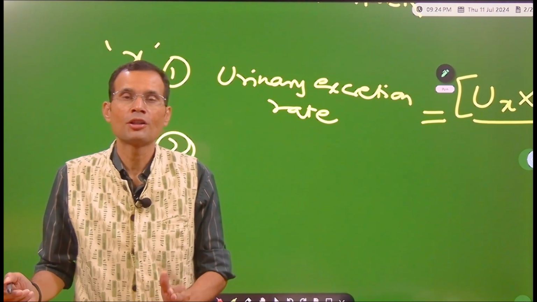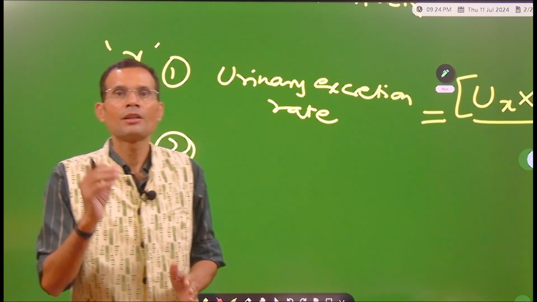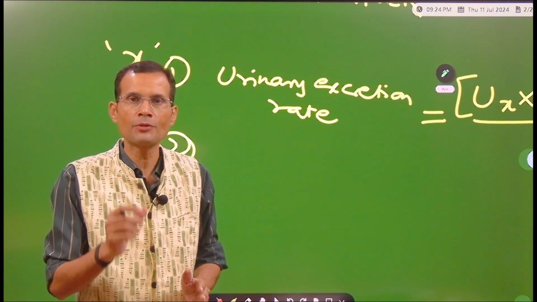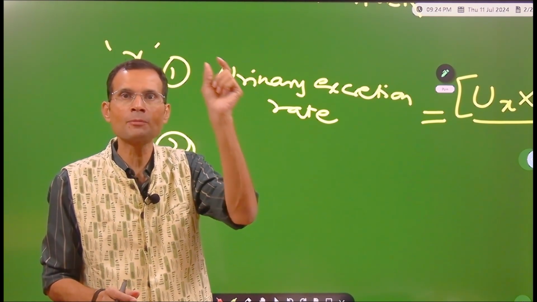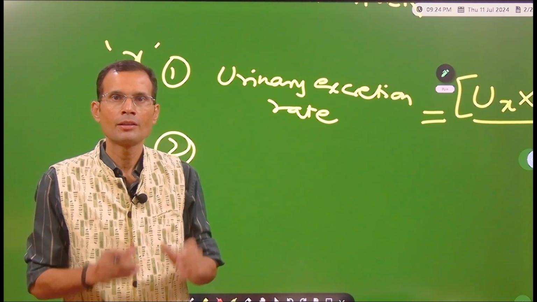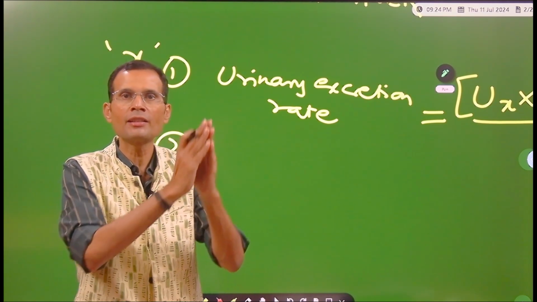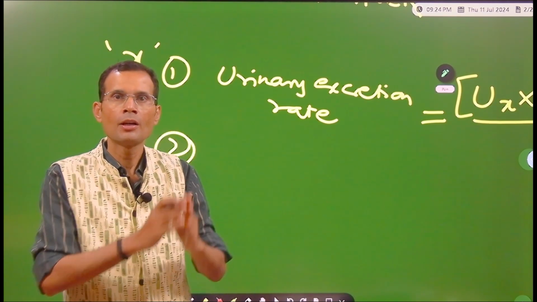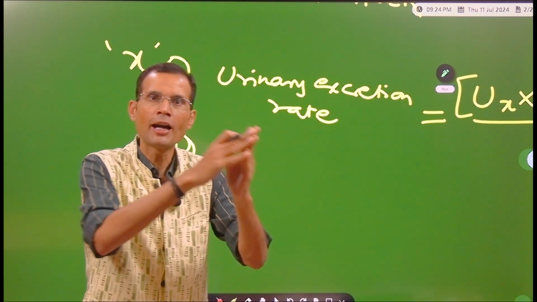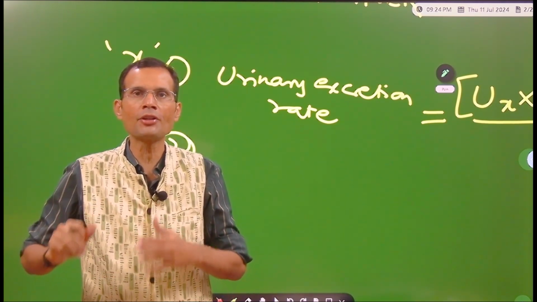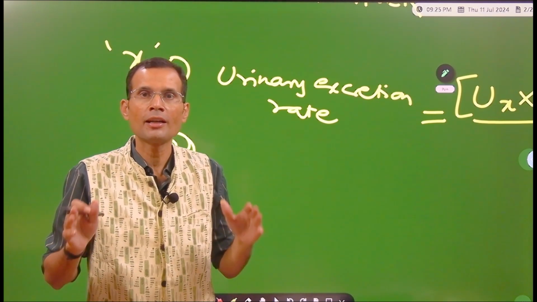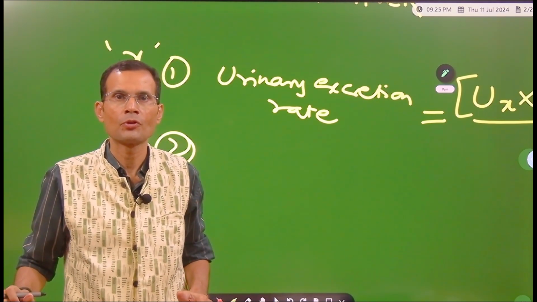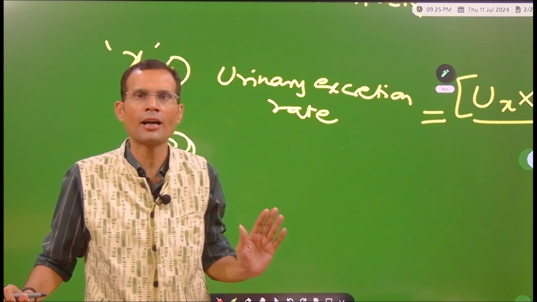Which means what? Which means renal artery concentration of that substance will be same as its systemic plasma concentration. The substance X is present in the systemic plasma, and all of it as such comes into the renal artery, because no other organ in the body is handling this substance X. So its concentration is not changing at all.